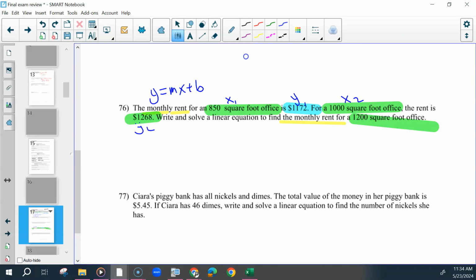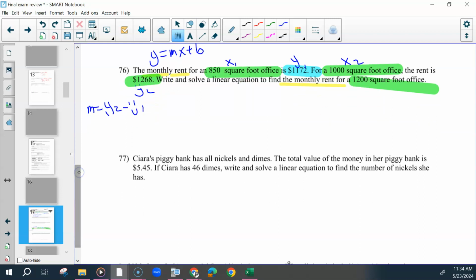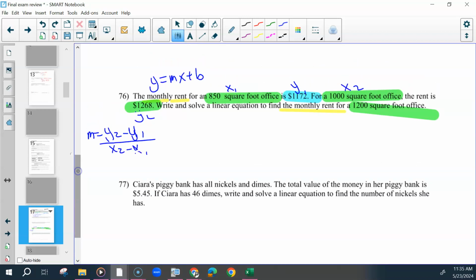And then if we wanted to do this algebraically, we would have to find the slope. To find the slope, we're going to use this formula: y2 minus y1 over x2 minus x1.